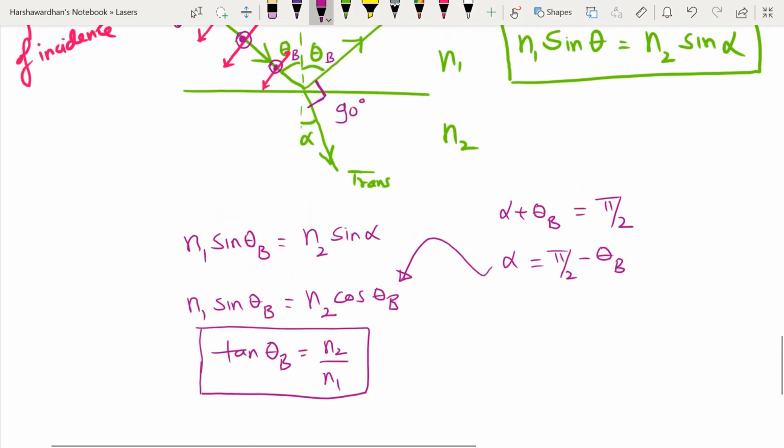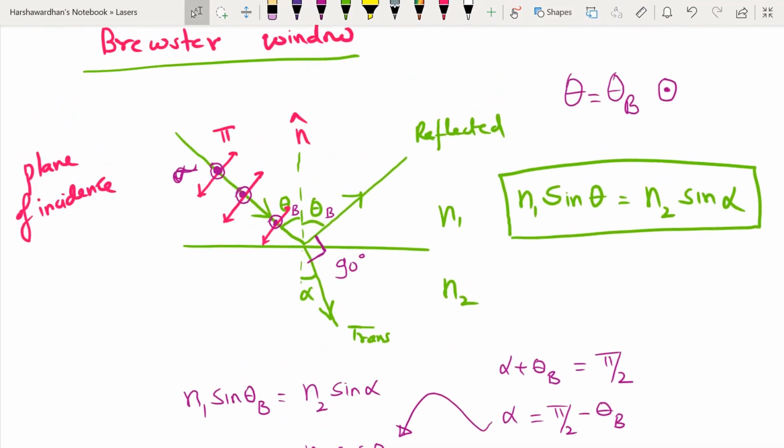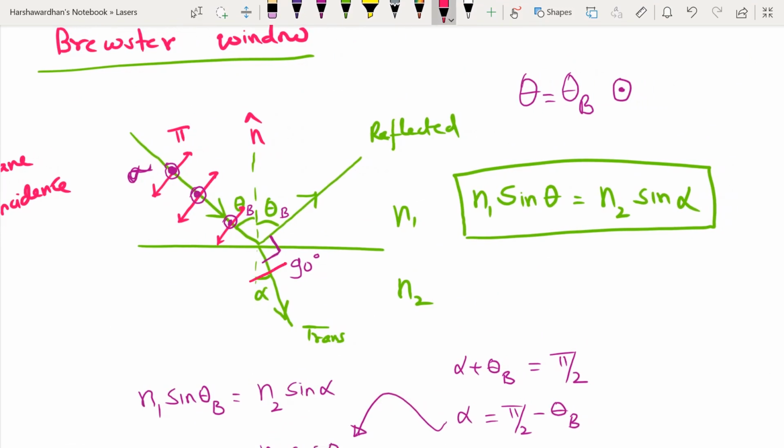So what is so special about the Brewster angle? At Brewster angle, you see that in the reflected beam, there are no pi polarized components, right? So the pi polarized components are purely getting transmitted, okay? And the reflected light contains only the sigma polarized field.